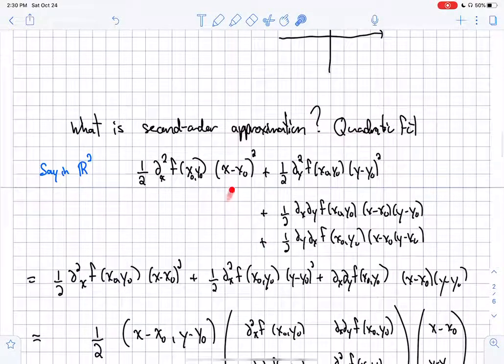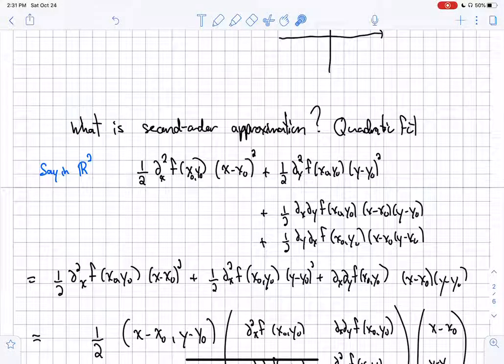Now this is long to write, and it would be even longer in more than 2 dimensions. So what we do is we use matrix notation. First of all, we know the mixed derivatives are equal if the function is smooth, and therefore this boils down to that. These two add up. Instead of 1/2, I just have 1.